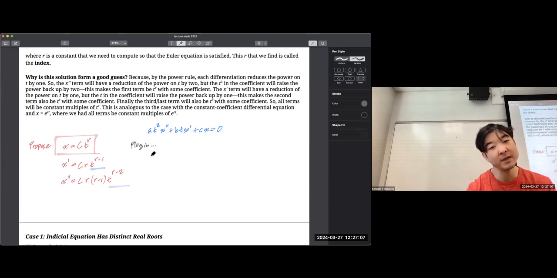We know that there should be a way to get all the terms probably to cancel each other out, but we want to find what condition on r we need to have in order for that to happen. So you have a t squared. The x double prime is this term right here, the capital C, r, r minus 1, t to the r minus 2.